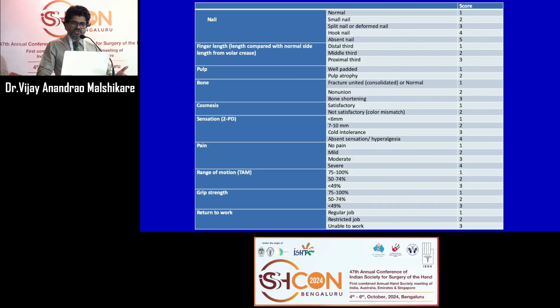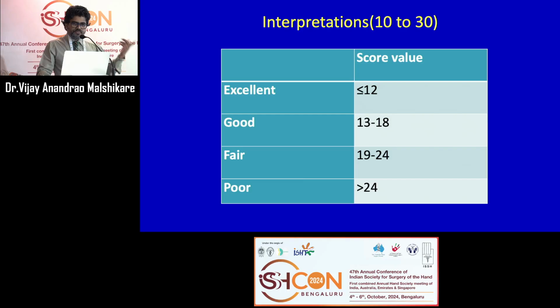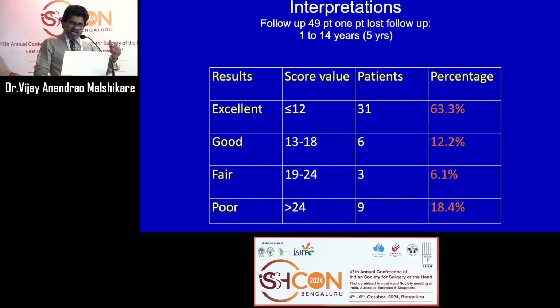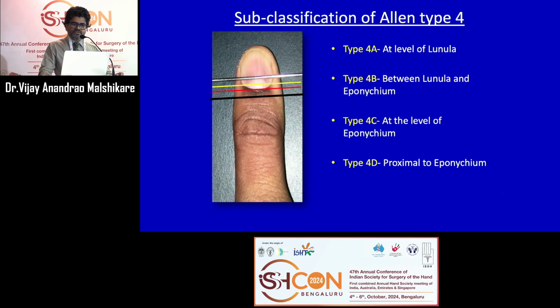These are the common things. We grade it and interpret the score: excellent, 12 or less than 12; good, 13 to 18; poor is about 24. I interpreted this score with my study and found 63% excellent, 12% good, fair 6%, poor 18%.